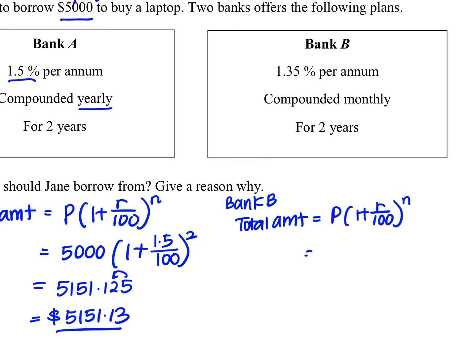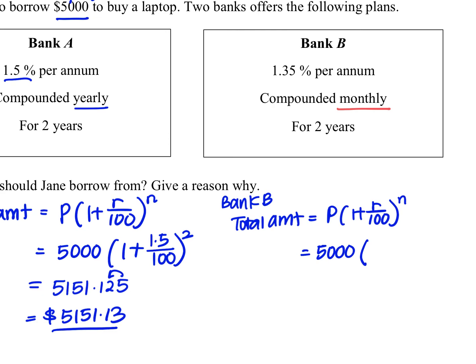So P will be equals to 5,000. But now the question says compounded monthly. So when the question says compounded monthly, or they say compounded by month, or the interest is added every month, all this means compounded monthly.